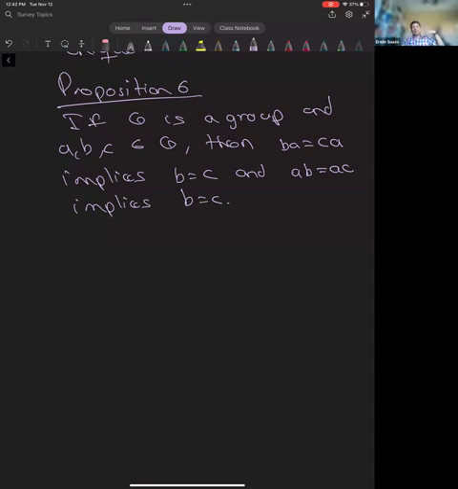Yeah, I think that one is pretty easy, right? So you just need to multiply this one times A inverse on the right, and this one you multiply times A inverse on the left. Okay. This, you guys can do it.